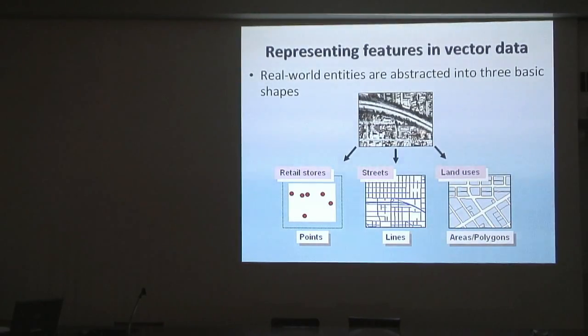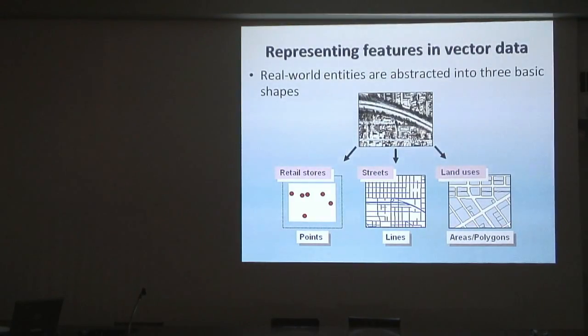It's impossible to put all the information about the real world into a computer. In any case, we have to abstract real world entities into a computer. And usually, real world entities are abstracted into three basic shapes. It's points, lines, and polygons or areas.